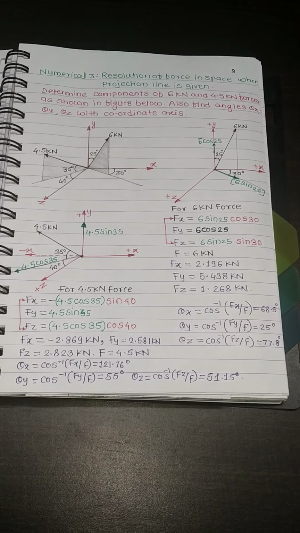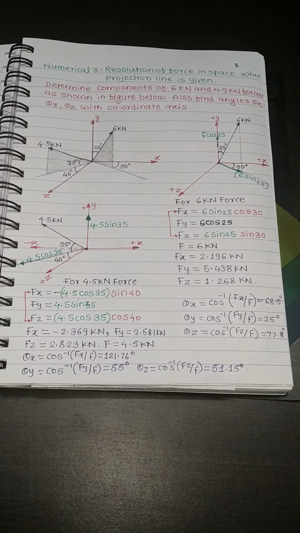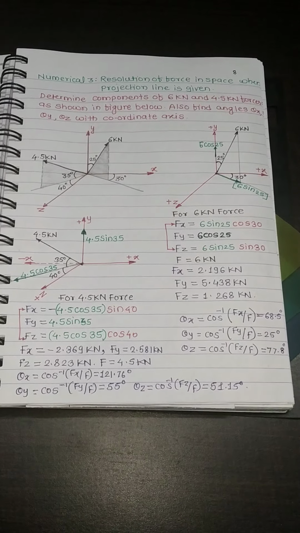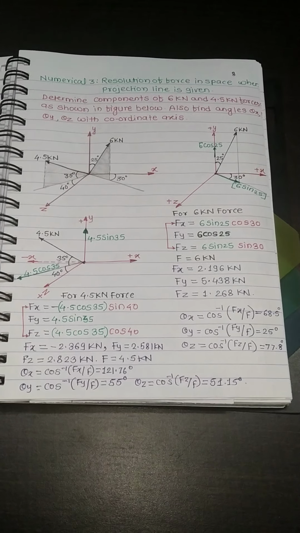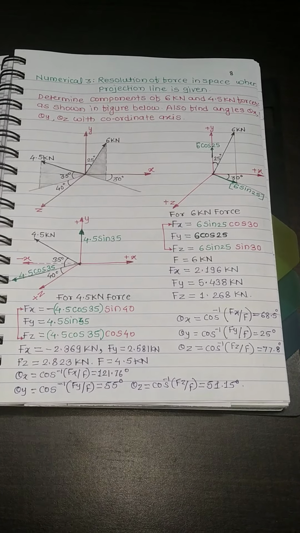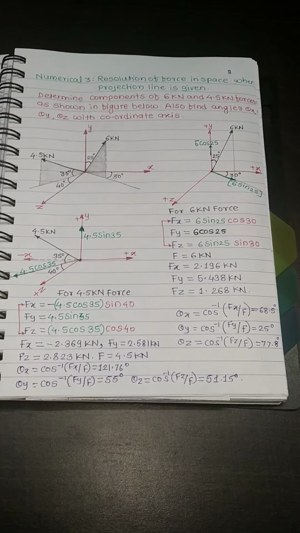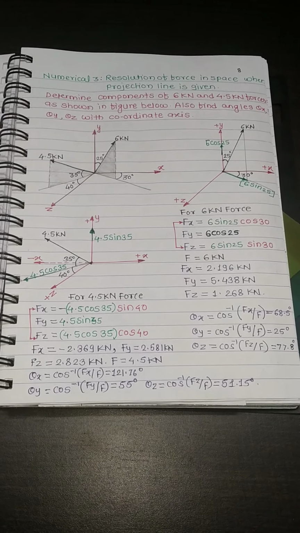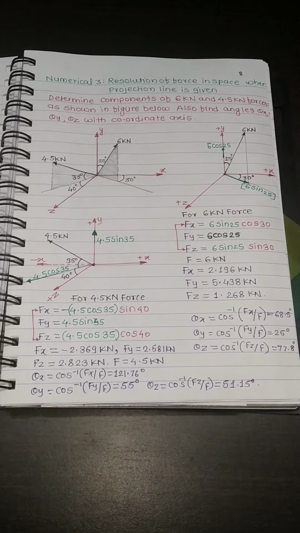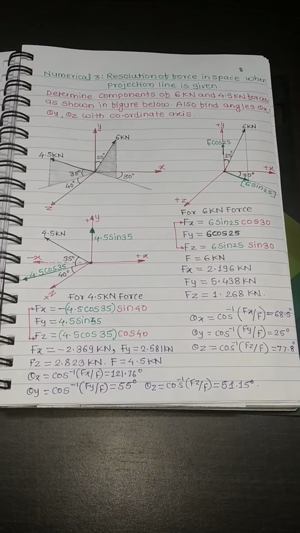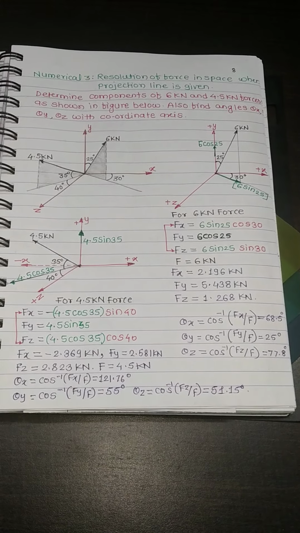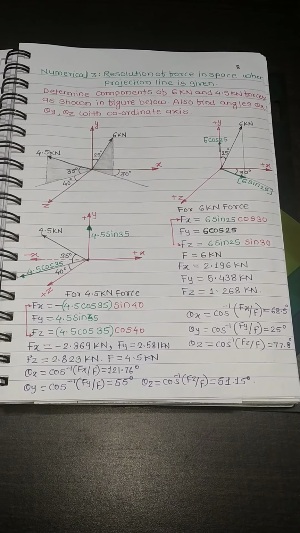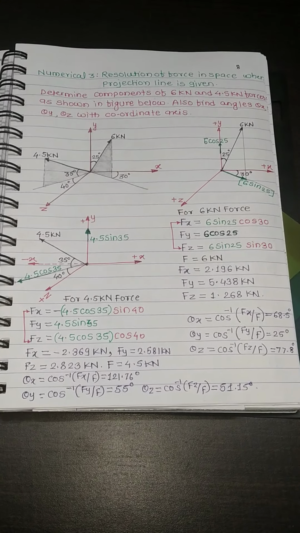before ending this video lecture, I would like to tell you 3 points. The very first point in this numerical: see with which axis or which line the force has made an angle. Second point: see between which two given axes the projection line is. And third point: see with which axis the projection line has made an angle. With these 3 points you can find out the components of a given force in the space force system with the projection line.